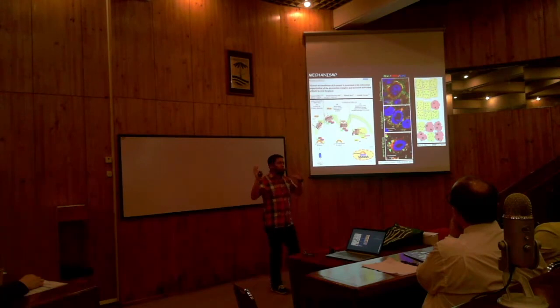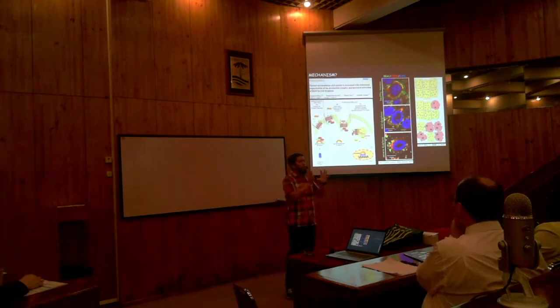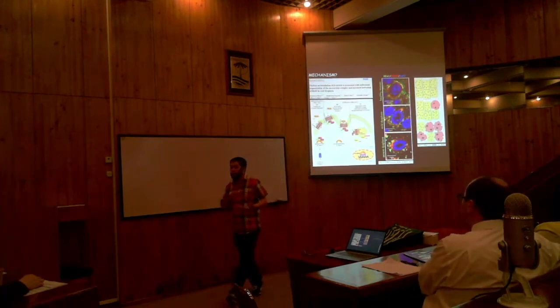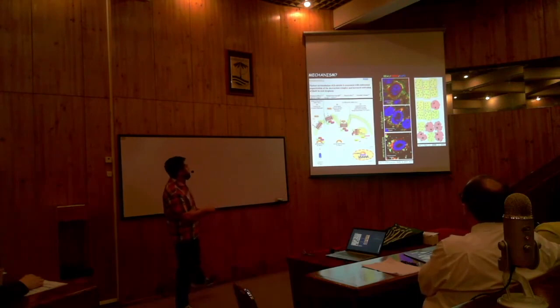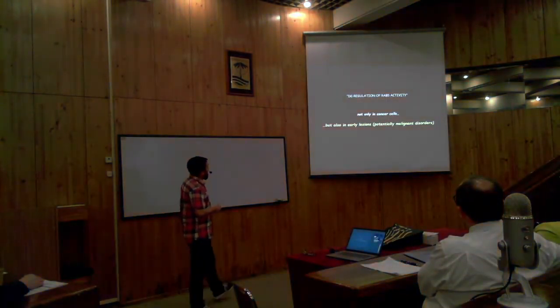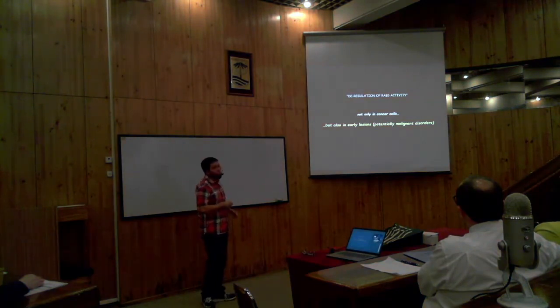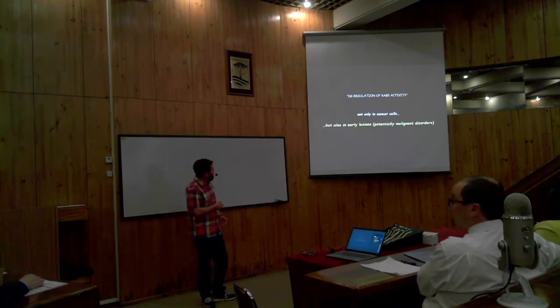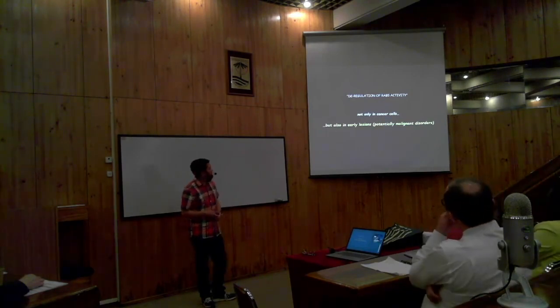So the destruction complex is being sequestered into the early endosomes and then the late endosomes, and beta-catenin is no longer degraded. This is the model that we proposed. I'd like to finish by saying that this deregulation mechanism of Rab5 activity is not only in cancer cells, but also in early oral lesions.